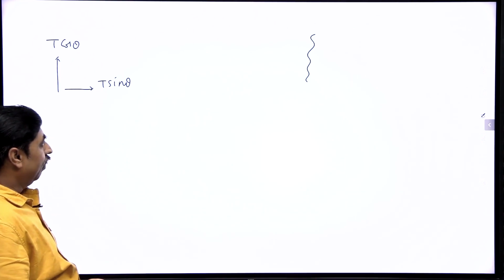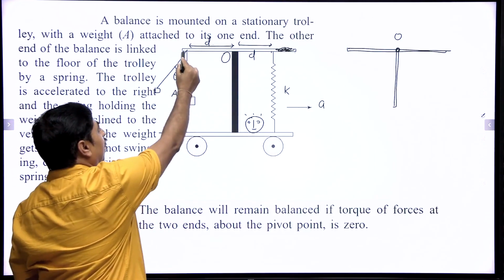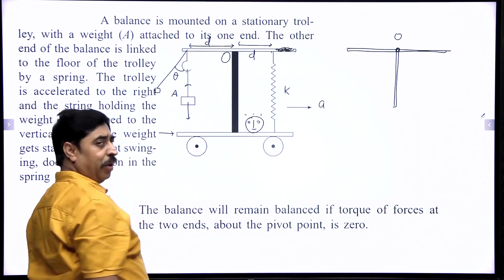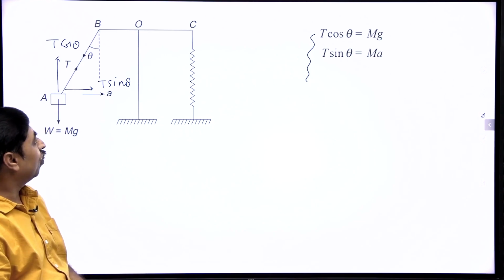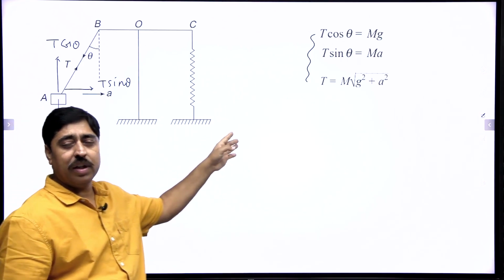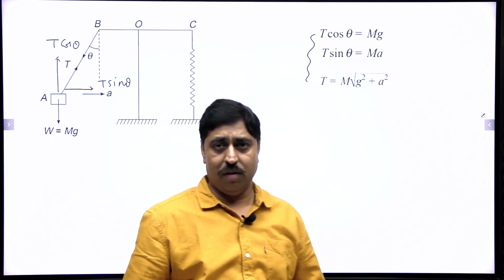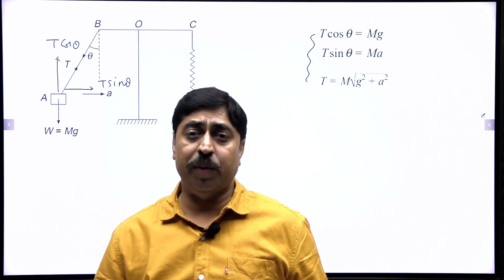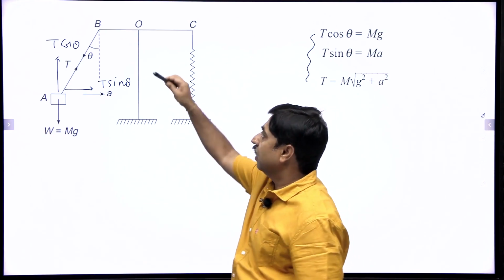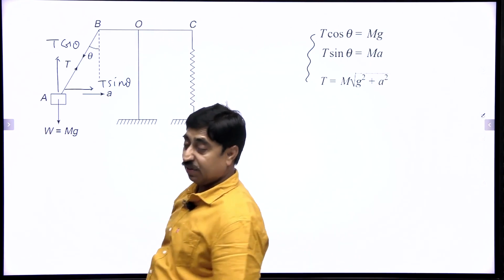When the position is original position, this tension is equal to mg. When you accelerate the trolley, and if you wish to write the tension in this string, then tension has definitely increased. So this is quite misleading, that many of you must be thinking that if tension has increased, this balance will get inclined like this.